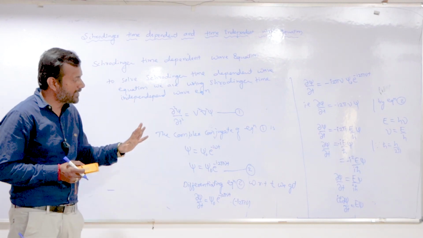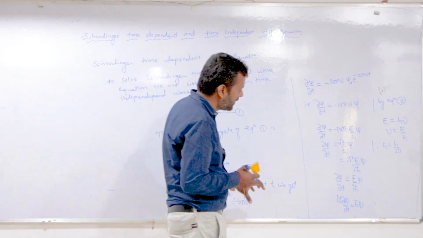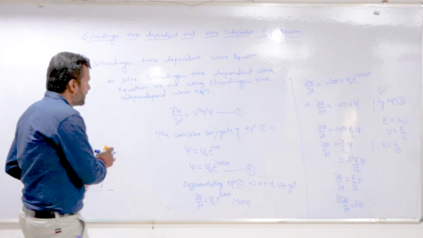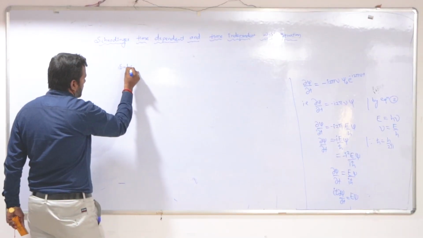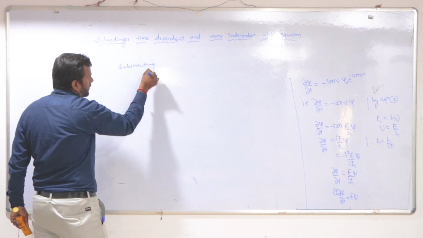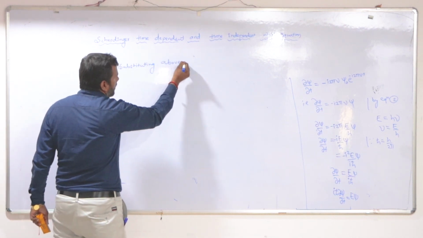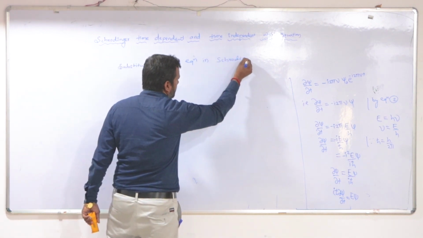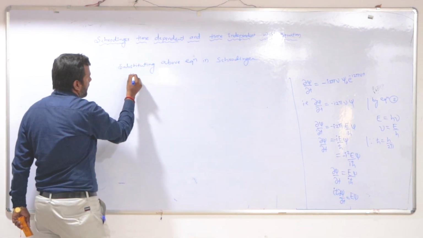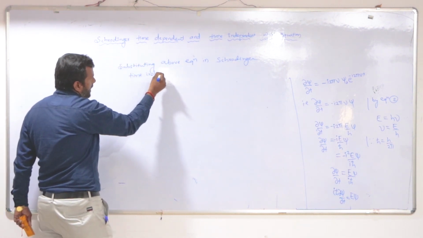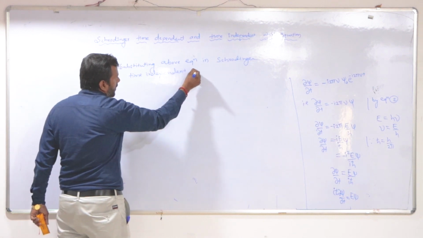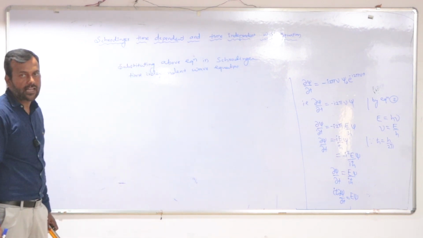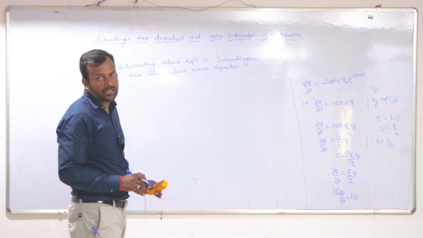So we will consider the Schrodinger time independent wave equation and substitute this value of E psi in it. Substituting the above equation in the Schrodinger time independent wave equation.